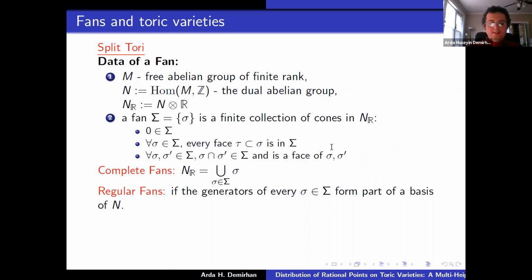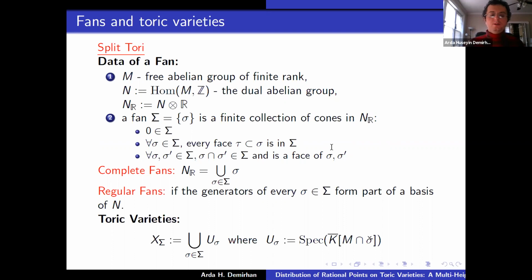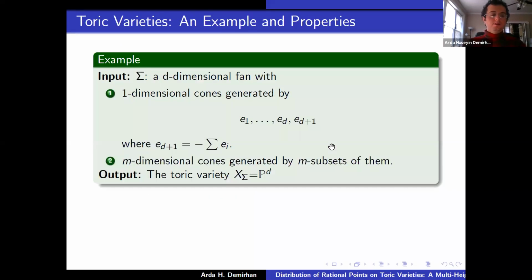These are the fans such that the generators of each cone form a part of a basis of N. Now, we can construct a toric variety from a fan just by gluing together all the affine toric varieties of the cones, given by the spectra of some special polynomial ring, where sigma check here is the dual. So let's see an example.